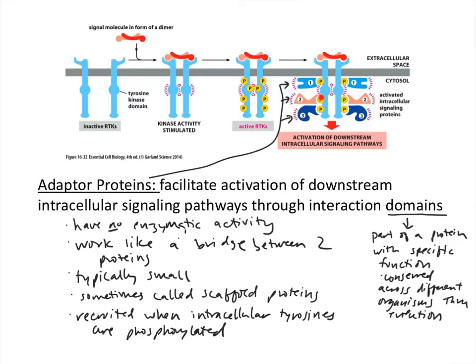And then when the tyrosines are phosphorylated, these adaptor proteins, which might have been somewhere around here just kind of floating around in the cytoplasm, then have a high affinity for the phosphorylated residues, whereas they did not have a high affinity for that before. One way we describe that is to say that the biochemical environment has changed, and so in particular we mean that these shapes are now able to stably associate with one another, and through this process the adaptor proteins then lead to activation of other parts of signaling pathways.